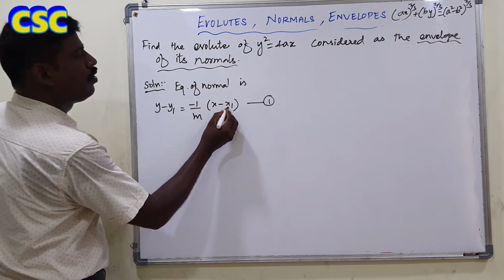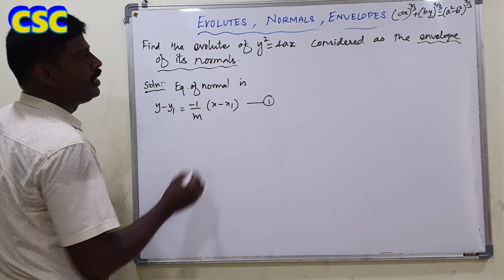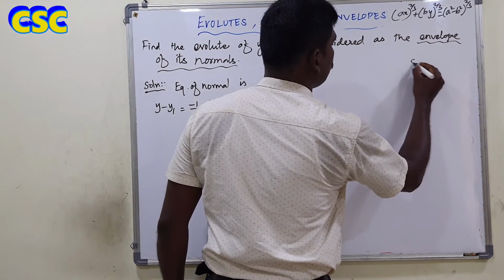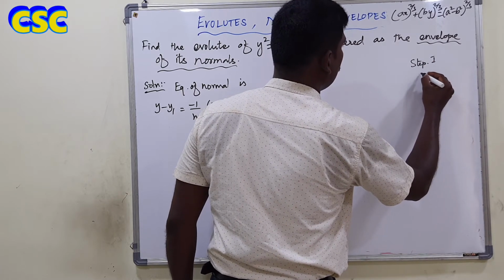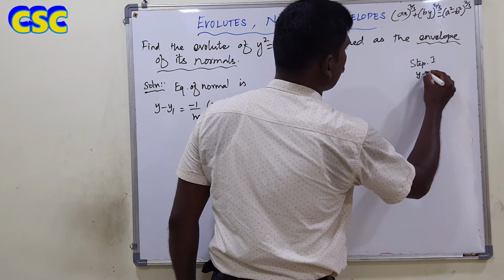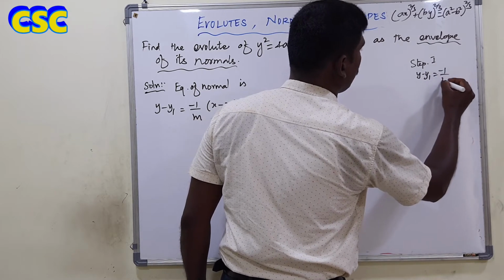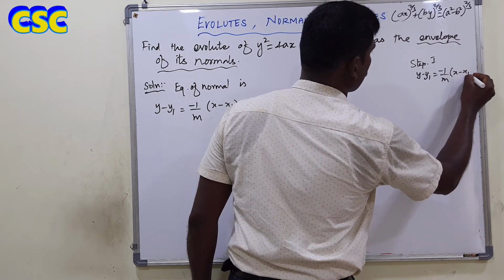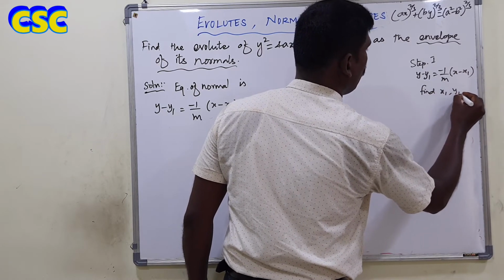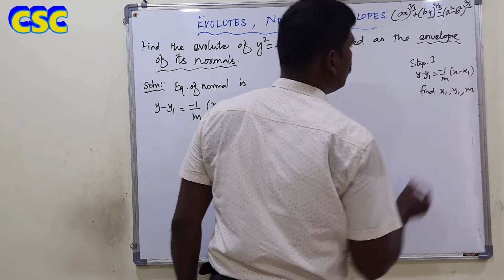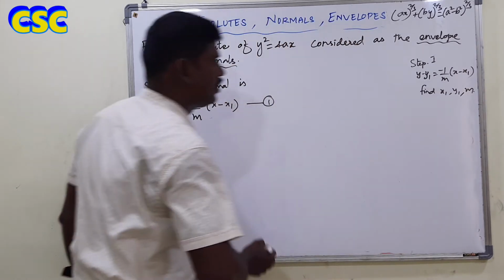Now I am going to find x1, y1 and m. So step 1: find x1 comma y1 comma m. I am going to find all these three first.